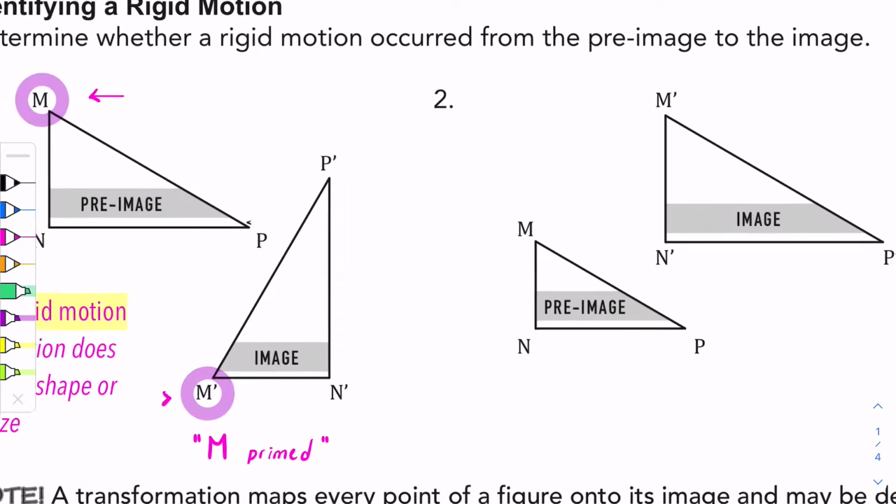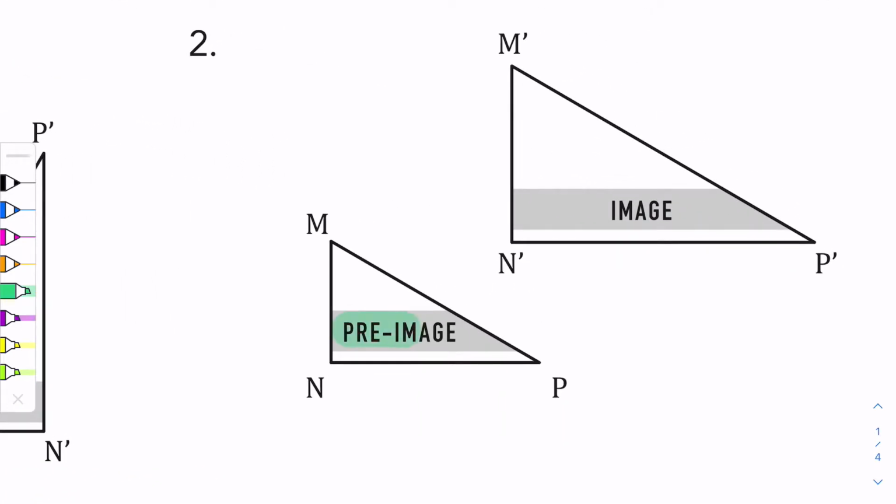Okay, so focusing on number 2, we have our pre-image, we have our image. Also, just want to highlight that your pre-image has the regular letter from your alphabet, whereas the image or the new figure is the letter plus the prime symbol, which looks like an apostrophe. And that goes for all of the points on your figure.